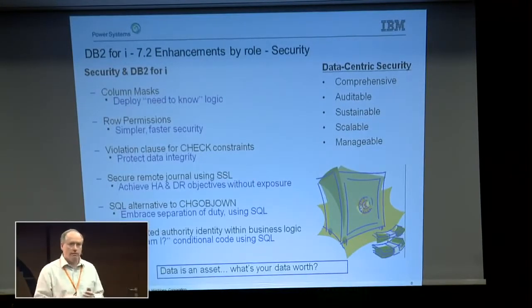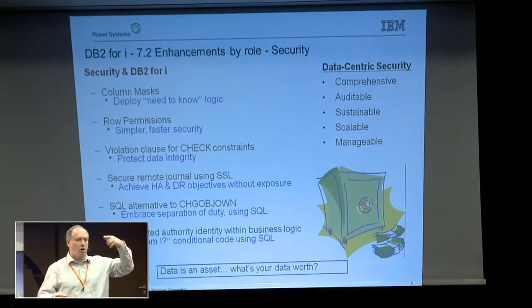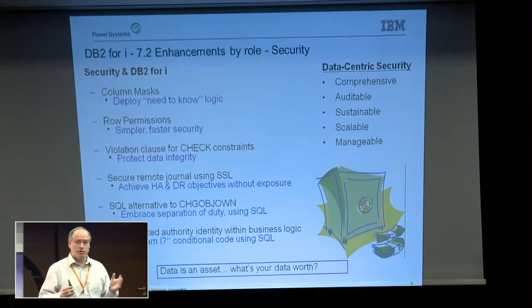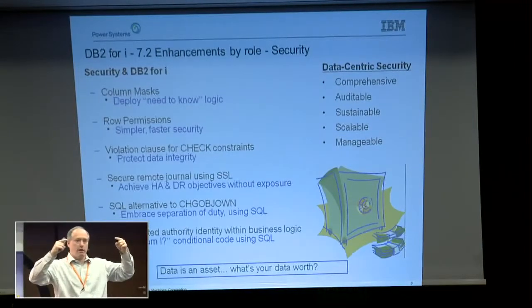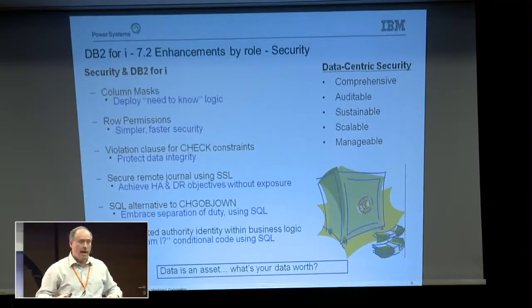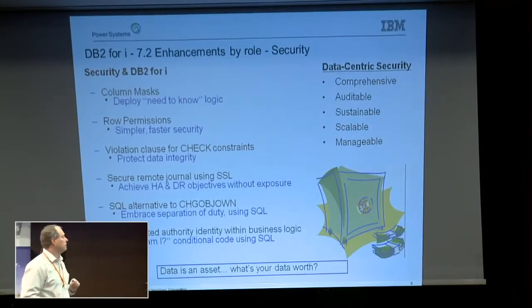There's ways to do it. But what if somebody comes in and accesses the data without going through the application? You're exposed, right? So let's talk about making your security data-centric. Let's put the security layer in the data. Then it's secure either way.